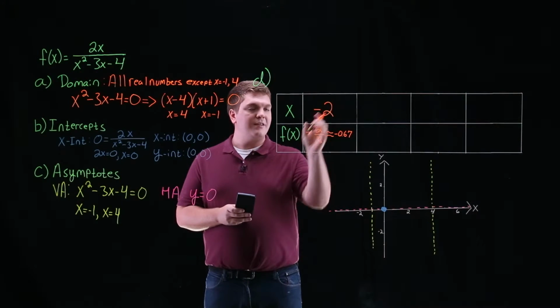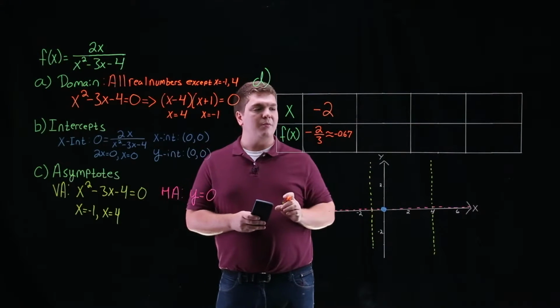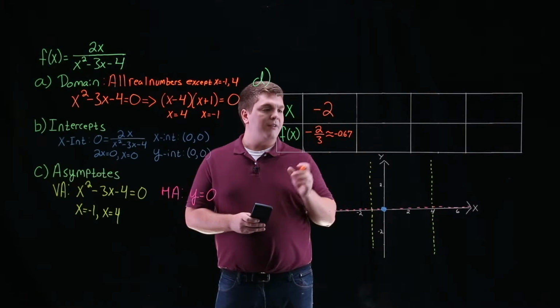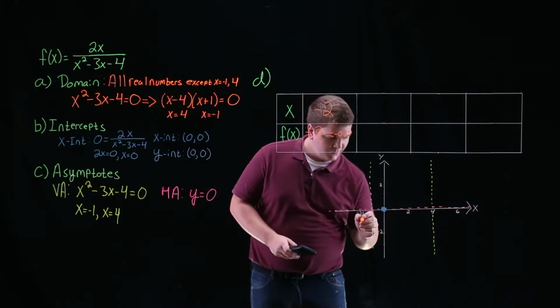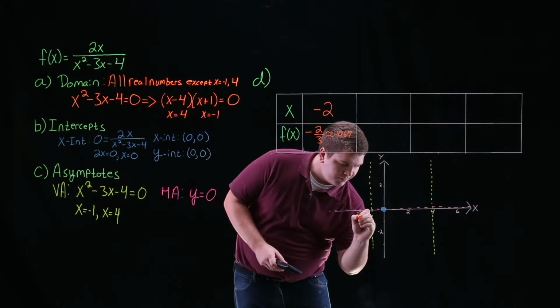So what this tells us is that the graph of our function is going to pass through the point -2, -2/3, which will be somewhere about here.